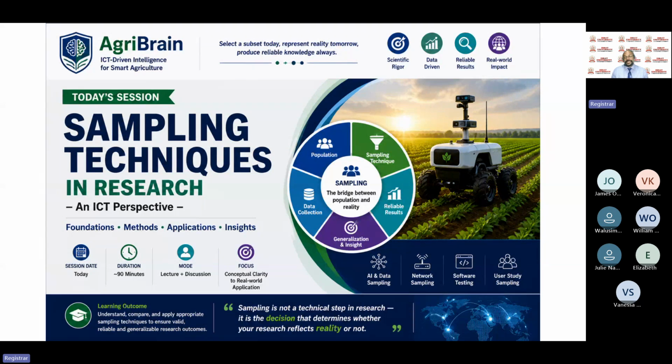Then user interfaces: for example, Elizabeth is doing a study on the effectiveness of library systems if we use e-library methods. Every user has their own way of understanding, assimilating and experiencing the interface, so all of this comes with sampling.